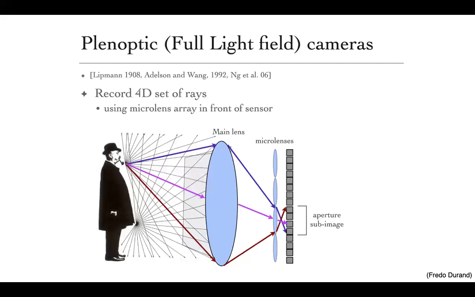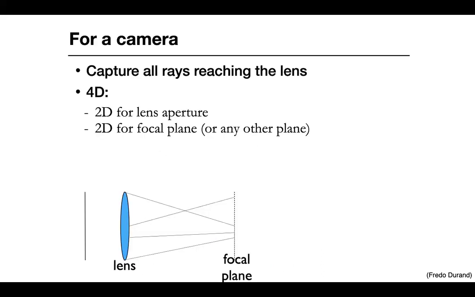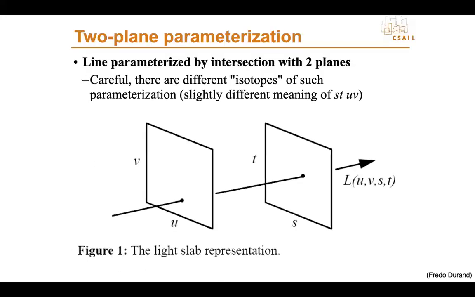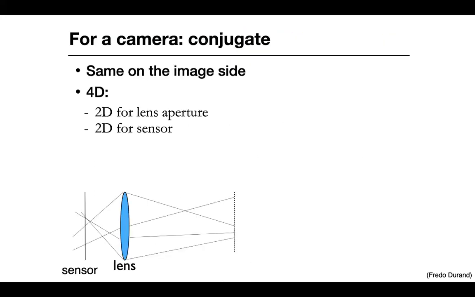But there is a dual interpretation of this, because if you think about the conjugate of the camera, we have the lens aperture and the rays that go to the lens aperture, and then you have the rays that arrive at the sensor. And so that's more or less a kind of symmetrical situation, right? So we have this and you have that, right?